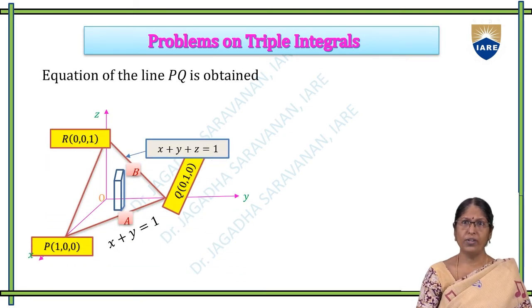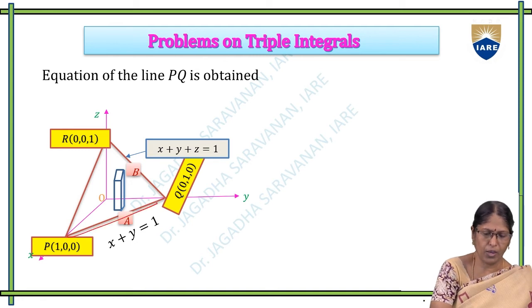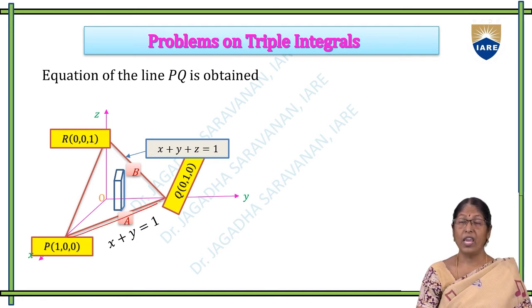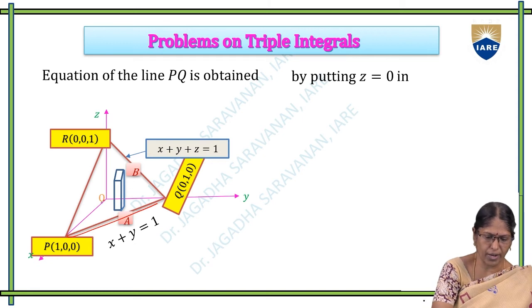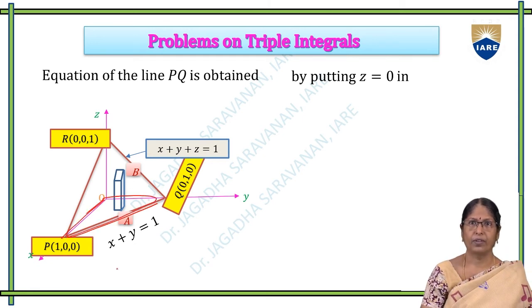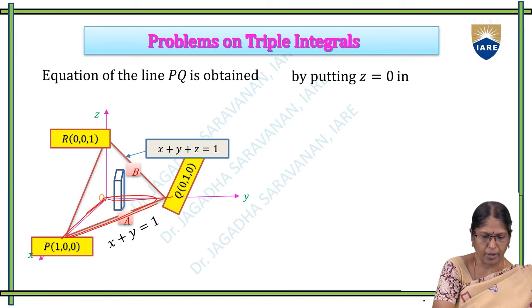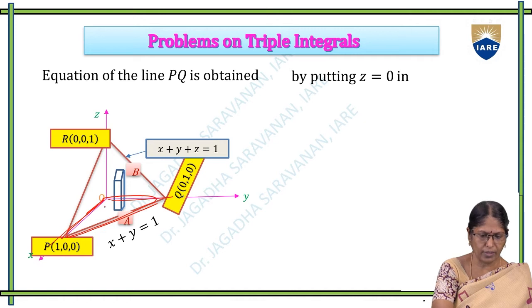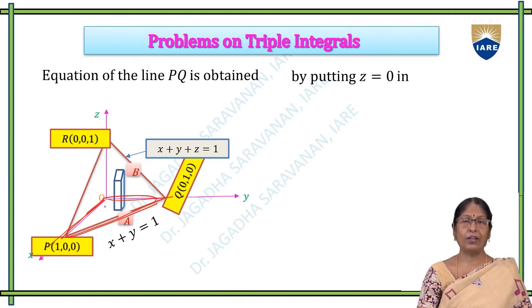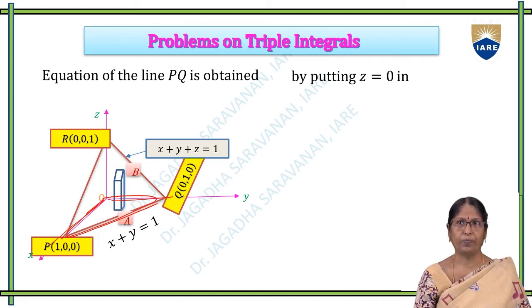Now we want the equation of PQ, which we obtain by putting z equal to 0, because from the figure itself the picture is very clear. This is the y dimension, this is x, and z is 0 there.